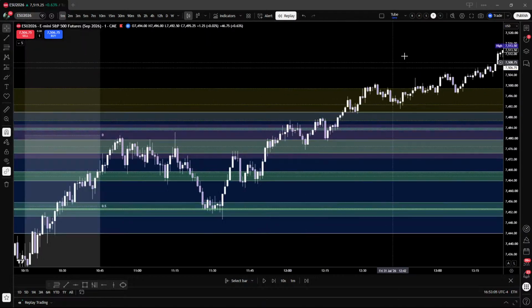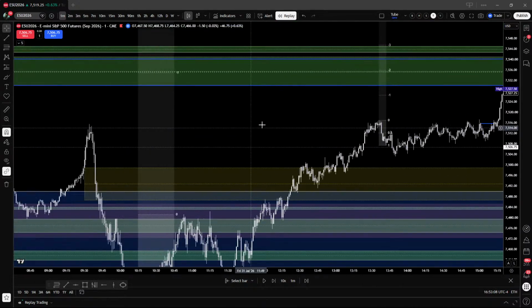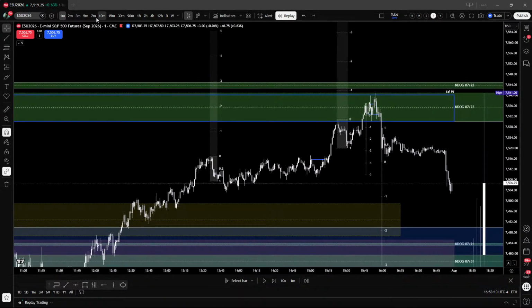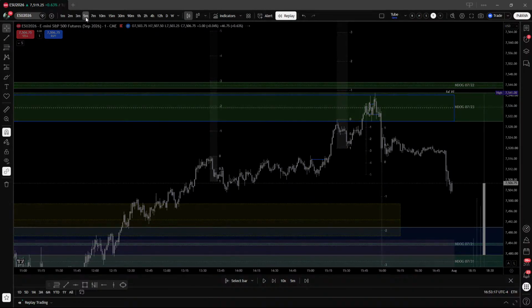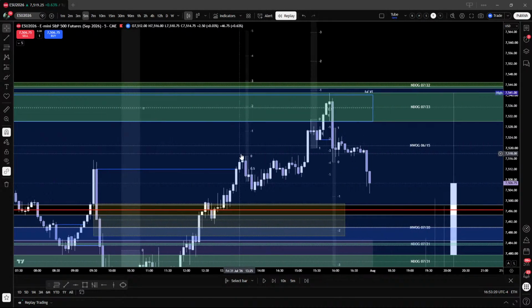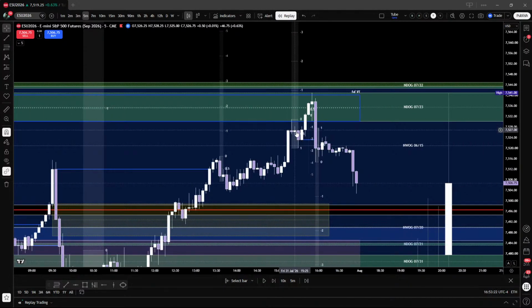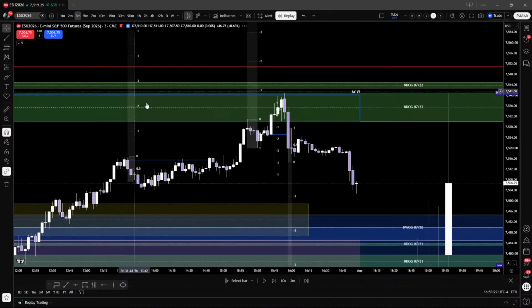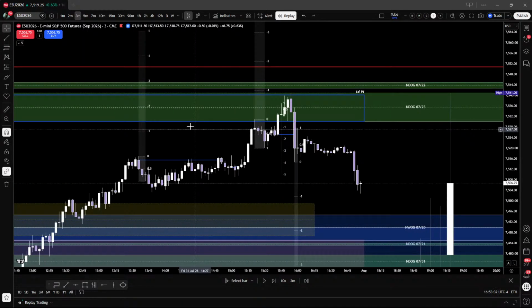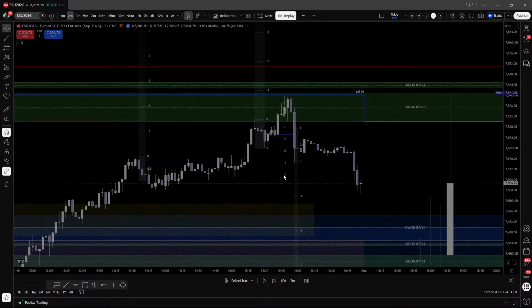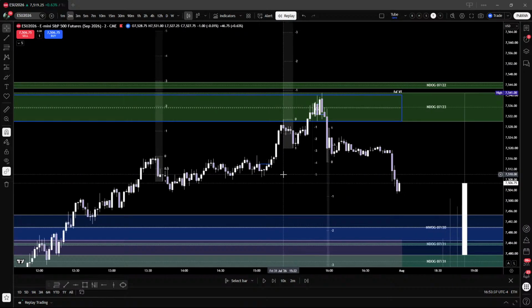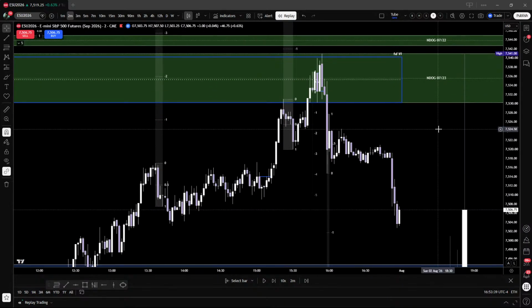Here, I think I have an example of the fast move. Probably, technically, this is 1-2 here, kind of, right? But let me look at the 5 minute, the 3 minute, and on the 2 minute, all right.